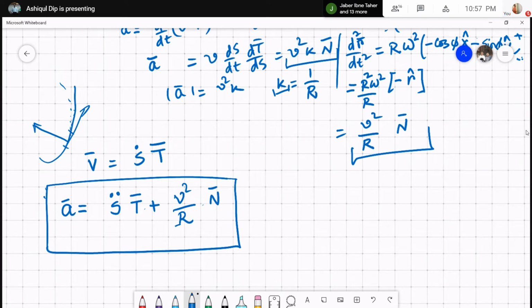There is another one, the binormal B vector. The definition of the B vector is T cross n. It's binormal. It's defined in such a way that it's a unit vector and it's perpendicular to both.